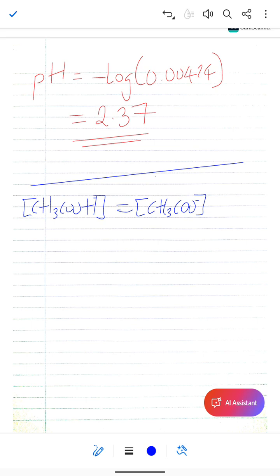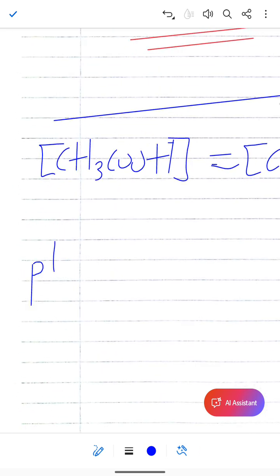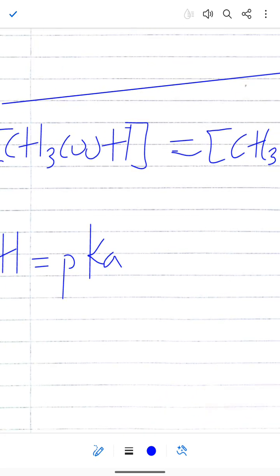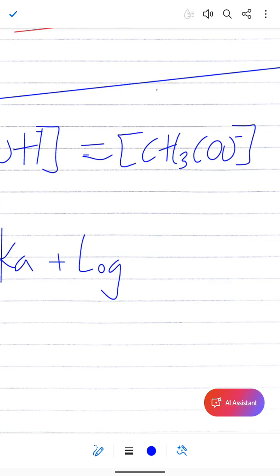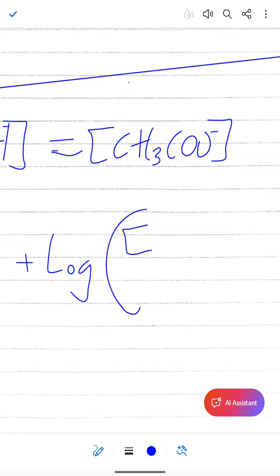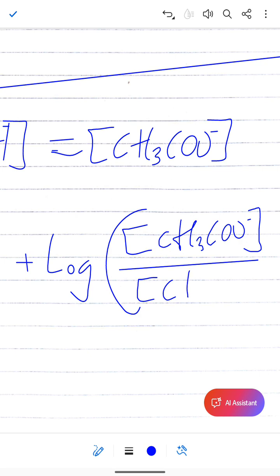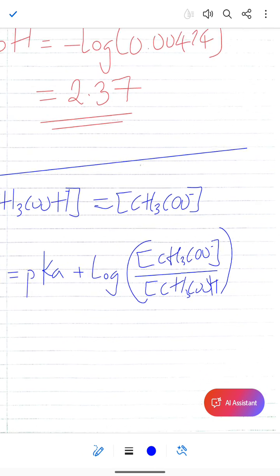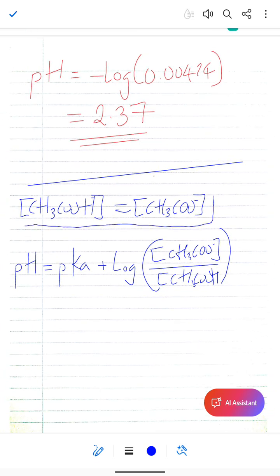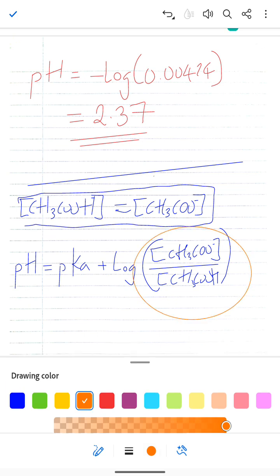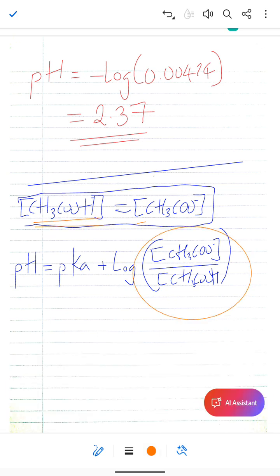So if I use my formula, the Henderson equation, pH equals pKa plus log of the concentration of the salt, the acetate ion, divided by the concentration of the acid, CH3COOH. Since these are equal, this ratio will be 1, because dividing the same things just gives you 1.